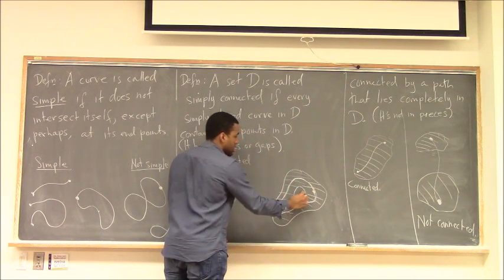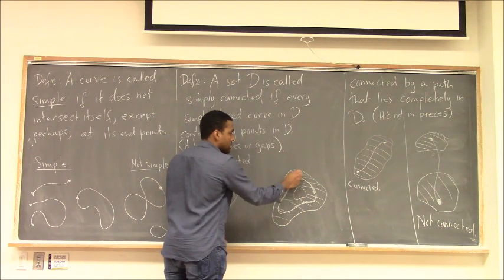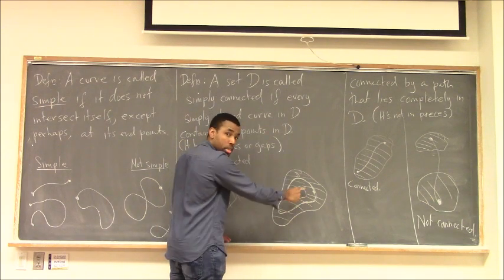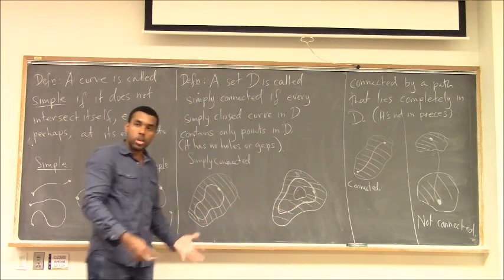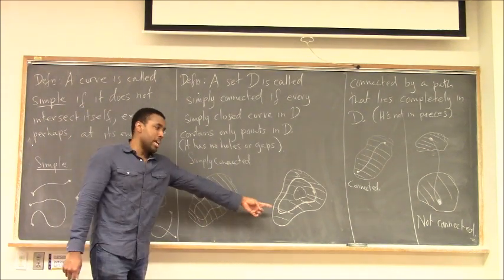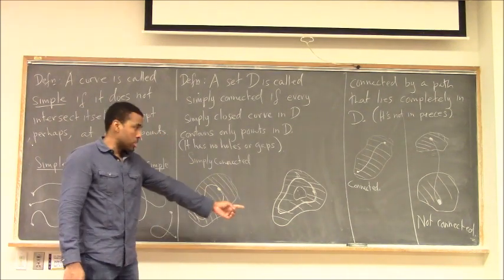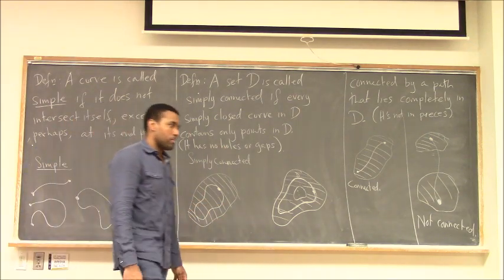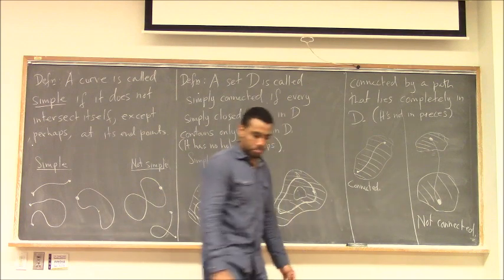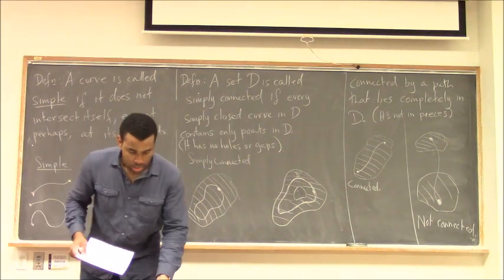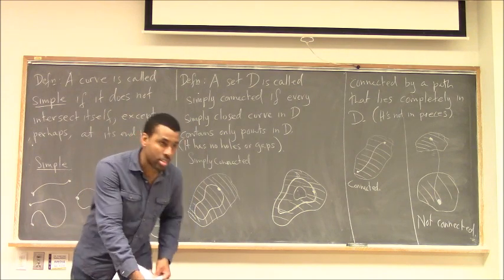But if I look on its interior, there are points in here that are not in the set D. So the path contains points that are not in the set that I care about. In other words, something like that will always happen, and it's always possible to happen if you have a hole or a gap. And that kind of voids a lot of the things that we'll want to do.